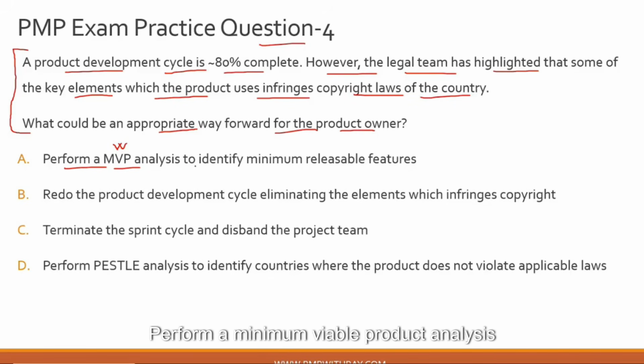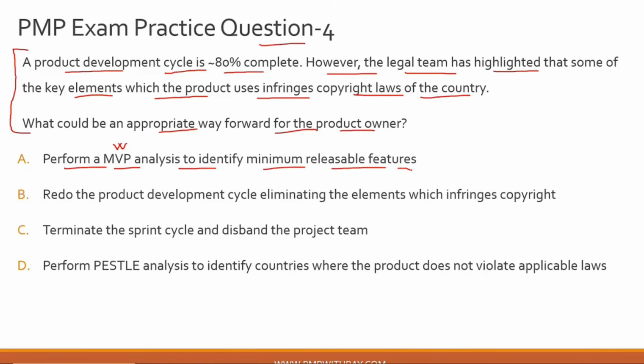Perform a minimum viable product analysis to identify minimum releasable features. Okay, you can say that this option looks like a reasonable option. What I'll do is I will try to dissect the product feature and see if I can eliminate the items which infringe the copyright and still retain a minimum usable product, which I can show to the customer or which can help me to go to the next sprint or the next cycle.